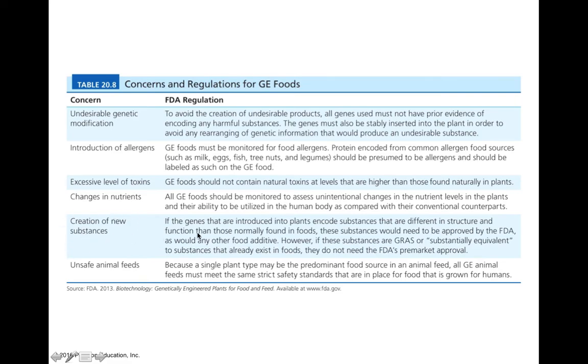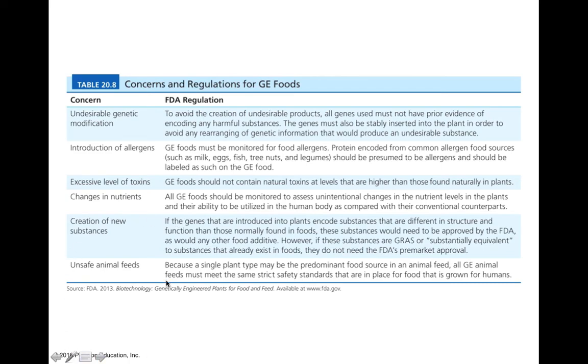So we want to monitor any of these genetically engineered foods to make sure that if the genes are introduced, these substances are going to undergo new approval by the FDA, as would any other food additive. However, if the substances are already substantially equivalent to food that exists already, they do not need the FDA's pre-market approval. Namely, if this is something that you're already getting from your diet, but you're just getting it from a different plant, we're not going to call it an additive or cause a whole scandal with the FDA.